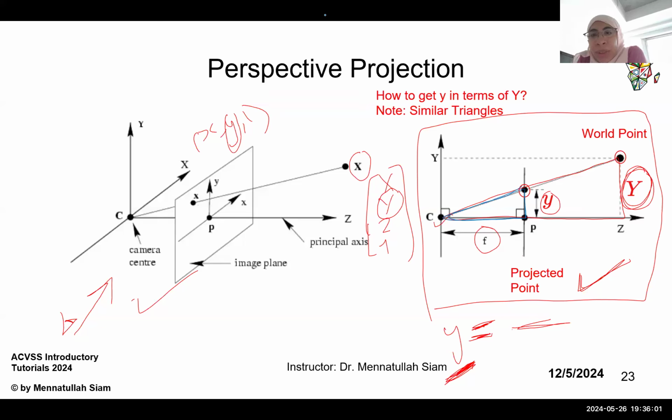Yeah, you can type on the chat, what do you think? So Y over what? What should I consider? So here, this part is the Y small. And it is equivalent in the bigger triangle to what?